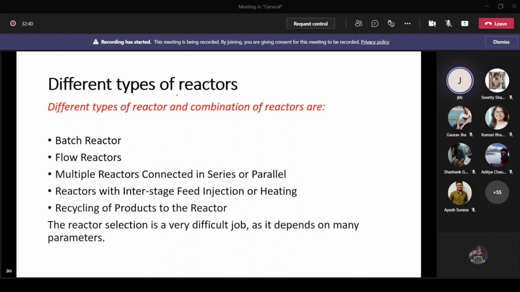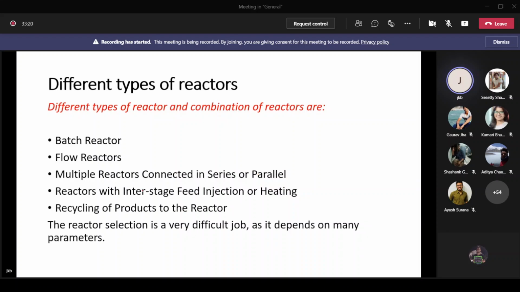But single reaction means either A to B type reaction, first order or second order rate kinetics, or Langmuir-Hinshelwood kinetics, A to B plus C, A plus B to C plus D type reactions. And in this case, the different types of reactors to be used are either a single batch reactor, flow reactor, or multiple reactors connected in series, or multiple reactors connected in parallel.